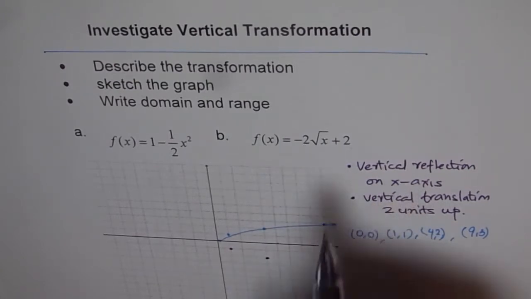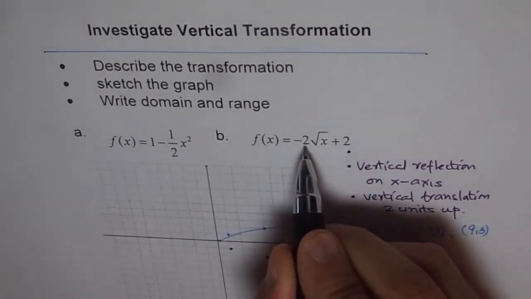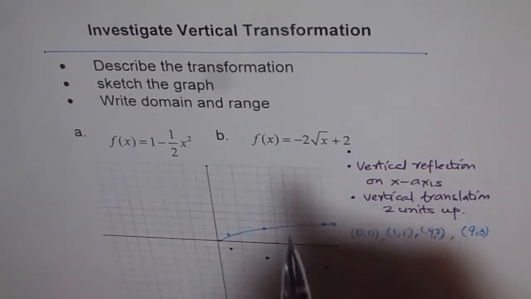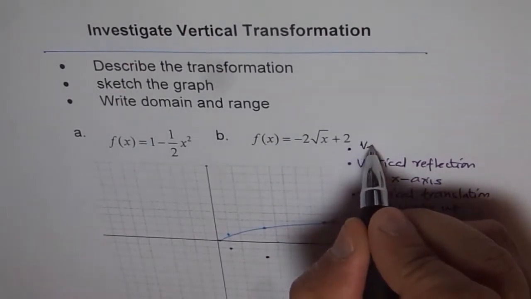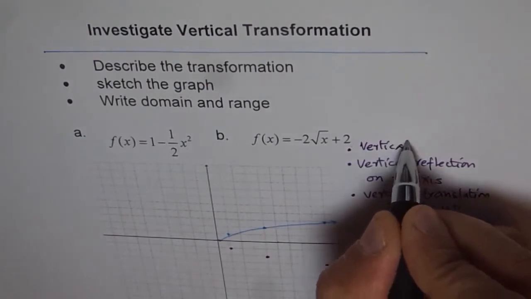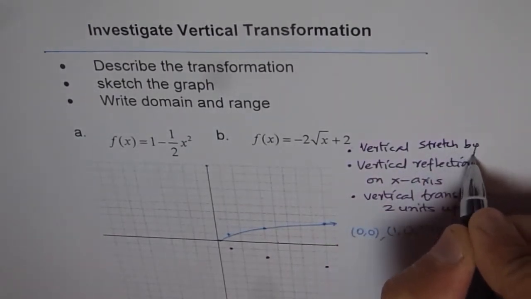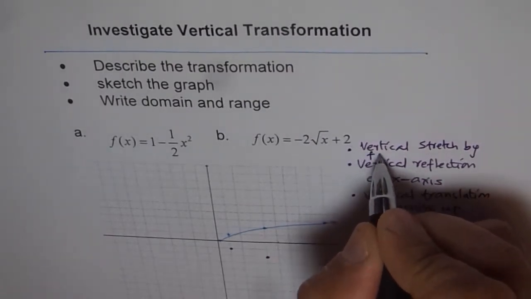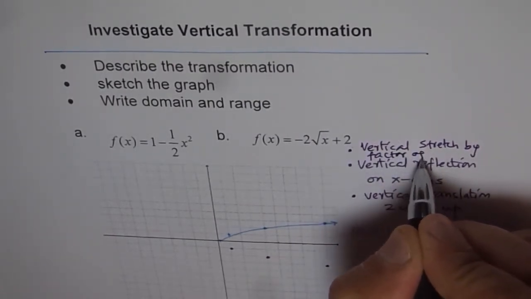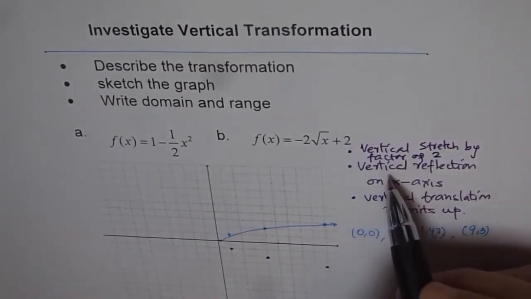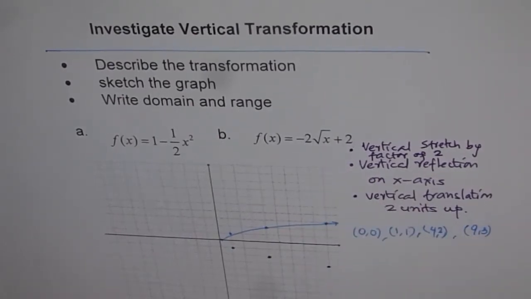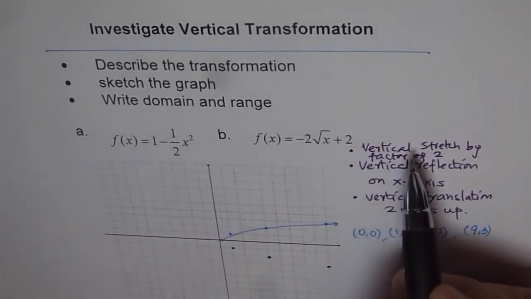I forgot, let me write it now. 2 is a vertical stretch by a factor of 2. Sorry for that. So vertical stretch by a factor of 2.